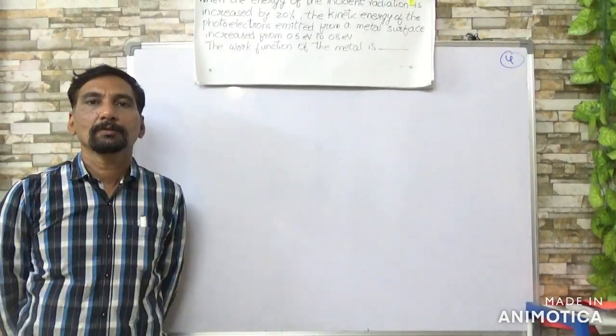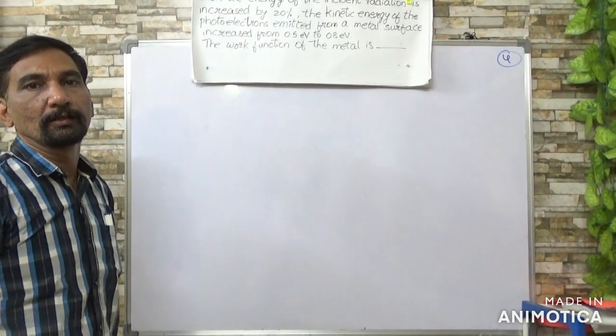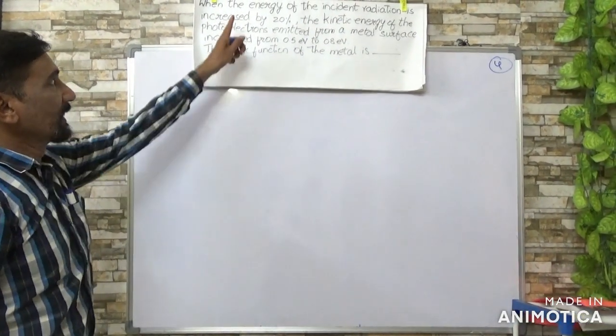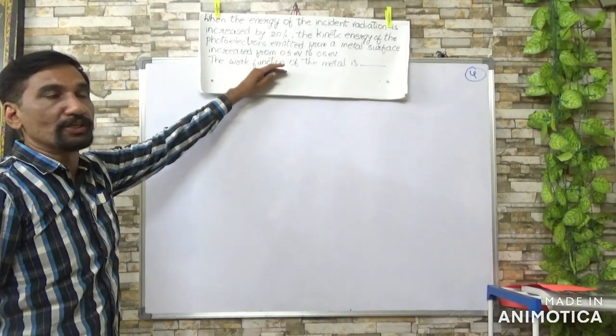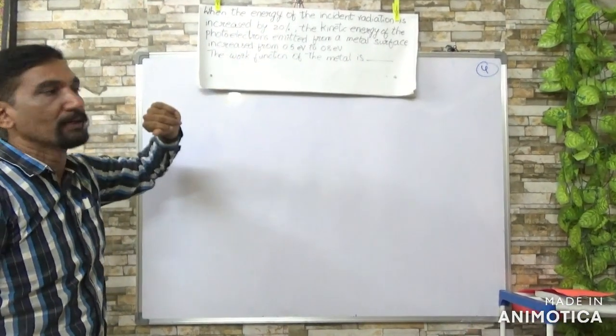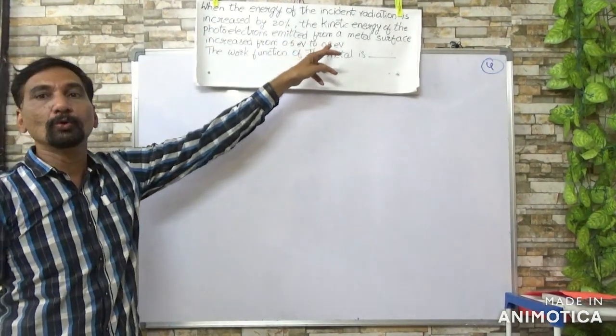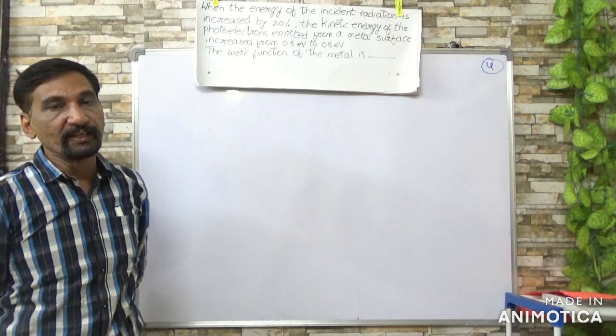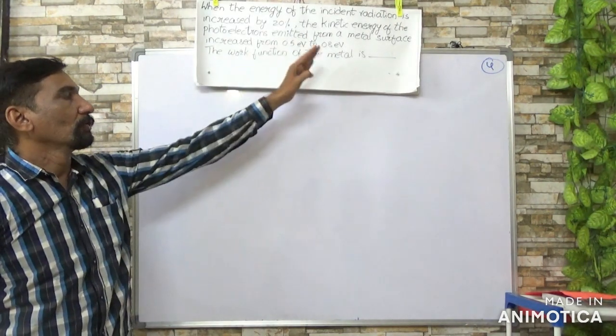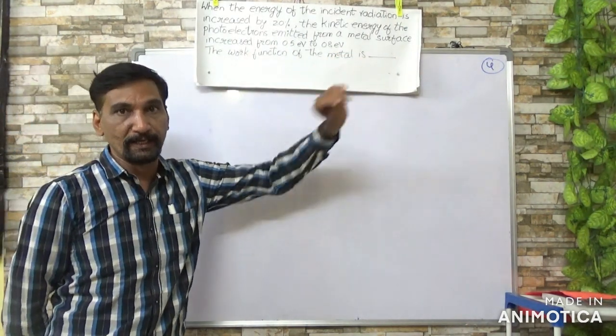Now about the given problem. They said the incident energy increased by 20%, then the kinetic energy changes from 0.5 eV to 0.8 eV. In such a case you want to know the work function of the metal.